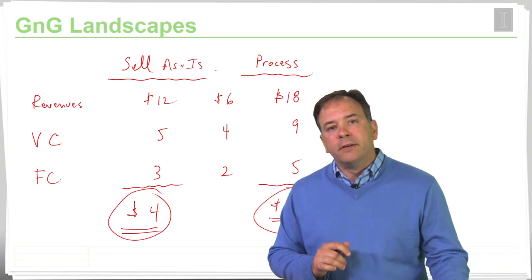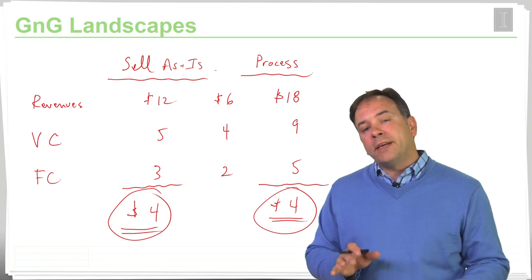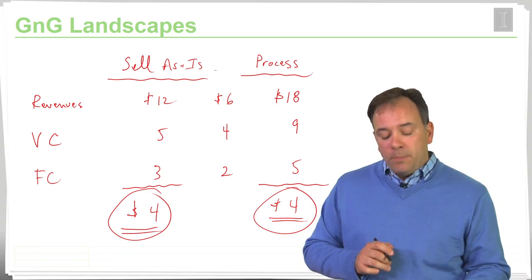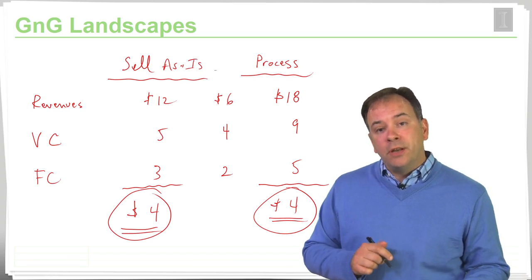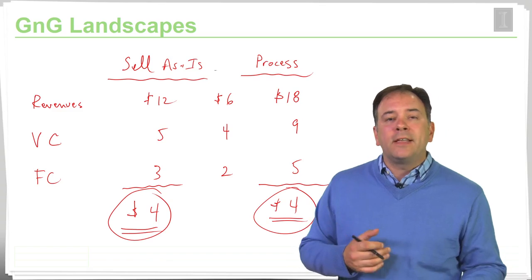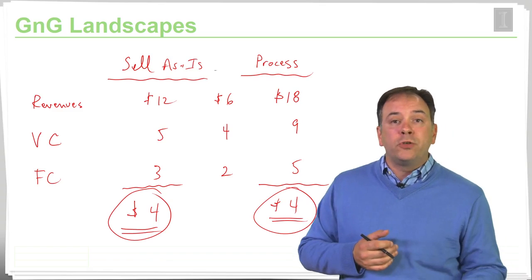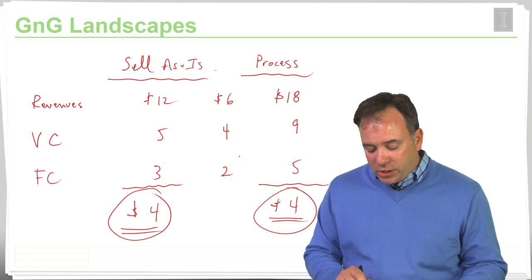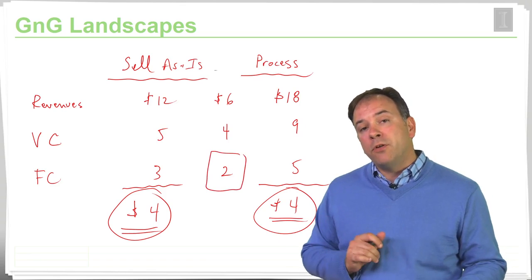Now, a couple of notes here. One, in many of the previous examples, we ignored fixed costs, especially when they were reported on a per unit basis. But in this case, fixed costs on a per unit basis are relevant to this decision because they change between the different alternatives. There must be additional land that's necessary or being used, and we must incorporate perhaps more manager-supervisor salaries. So whatever the reason, we are actually changing our fixed cost on a per unit basis if we were to engage in the process further option.